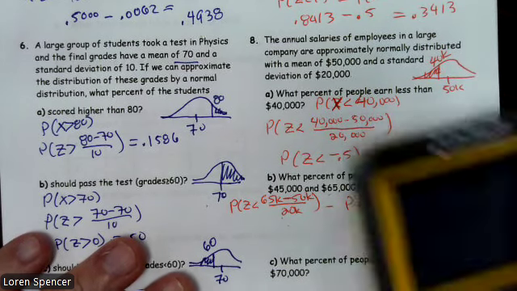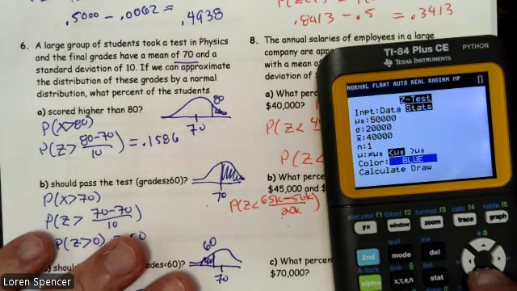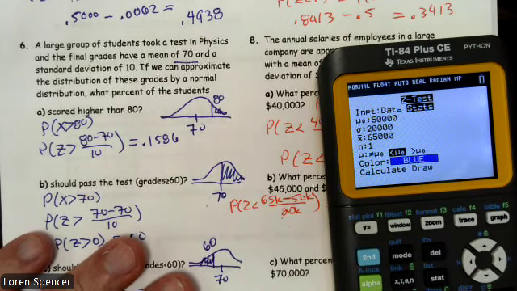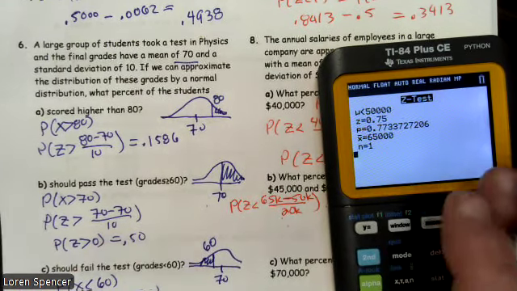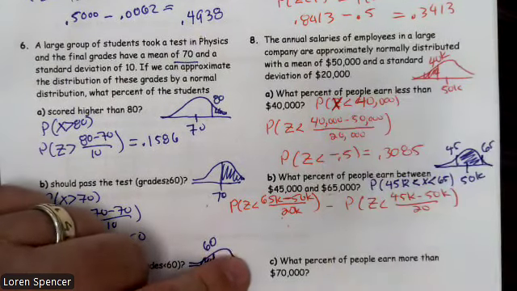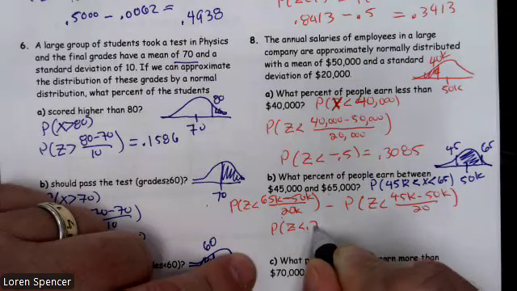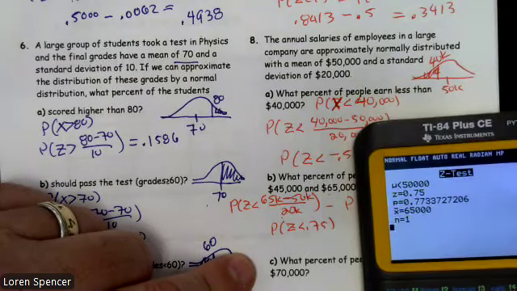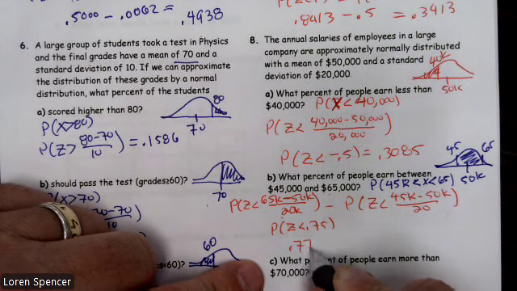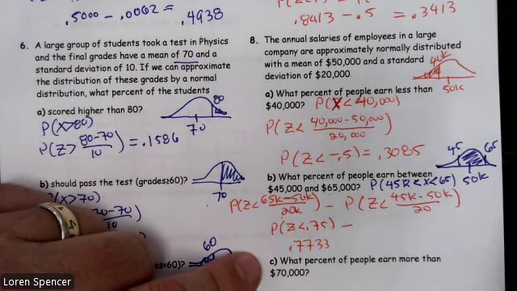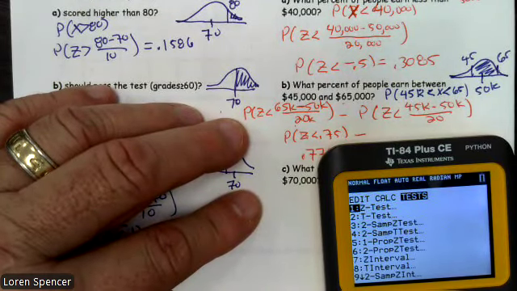Let's do this one first. Stat test, Z test. We have 50,000, we have 20,000, we need to put in the 65,000. And we get the Z score of 0.75. So the probability Z is less than 0.75 happens to be 0.7733. Next one, I go to stat test, Z test.